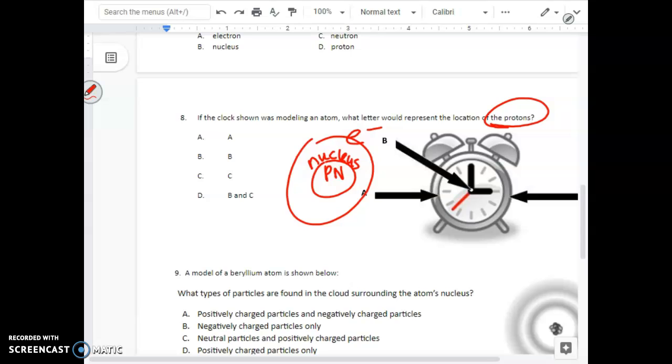So the only thing that is pointing to the nucleus is going to be B right here. This would probably just be an energy level for A, and the electrons for C. So the correct answer here is B.